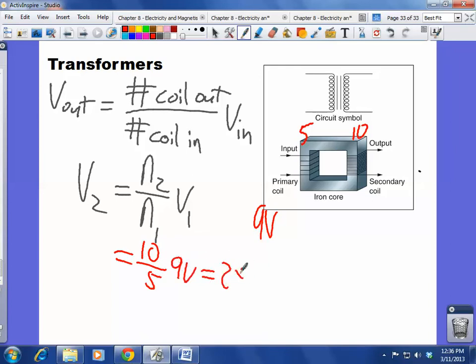So just 2 times 9 volts, or 18 volts. Since we had more times wrapped around this output, we increased our voltage. This is an example of a step-up transformer, step up because we increased our voltage because we have more coils on the output.